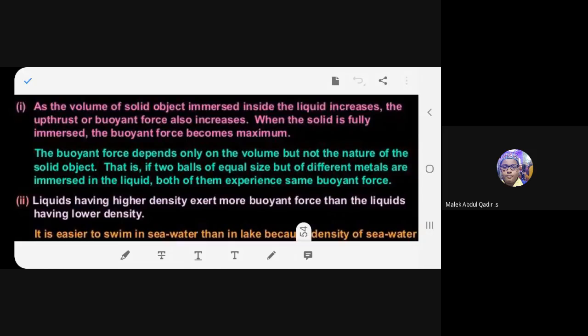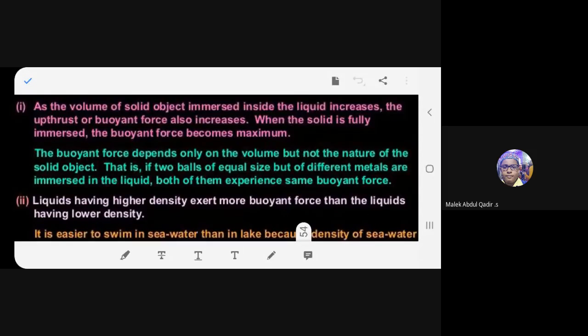The buoyant force depends only on the volume, but not the nature of the solid object. That is, if two balls of equal size but of different metals are immersed in the liquid, both of them experience the same buoyant force.